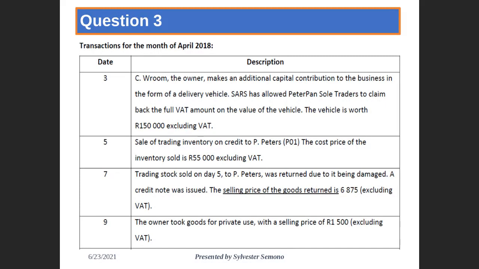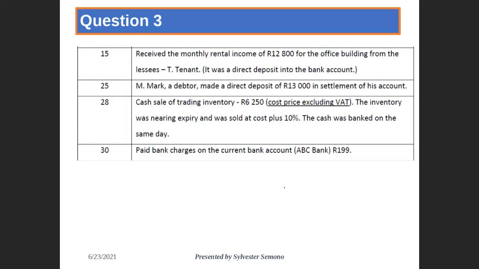I'm going to scroll again. Can you see this? Can I switch over to the next slide, Sandhya? And then this is the last one. These are the last transactions.